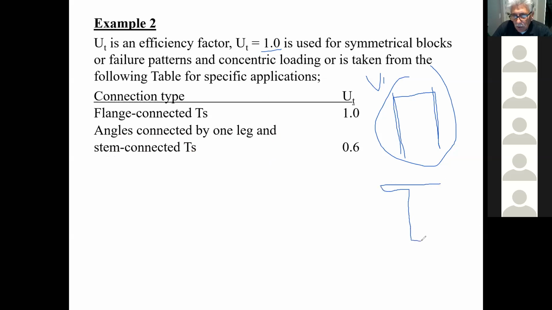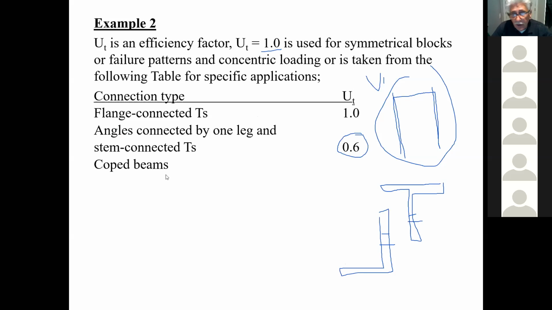For example, that's a T. If you're using a T section and you're connecting across here, then you should be using 0.6 in your calculations for that type of connection. In our case, we're connecting through one leg. Even though there's two angles, we're only connecting through one leg, and therefore our efficiency factor is going to be 0.6. So that's what we're going to be using in our equation.